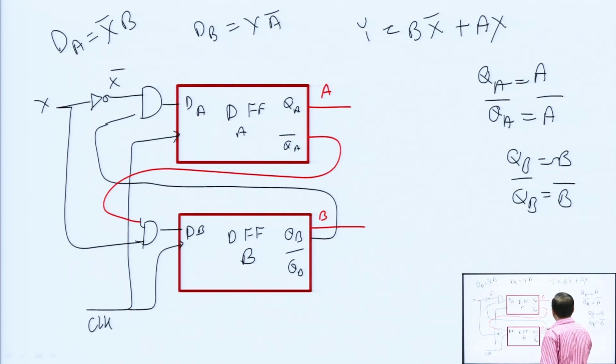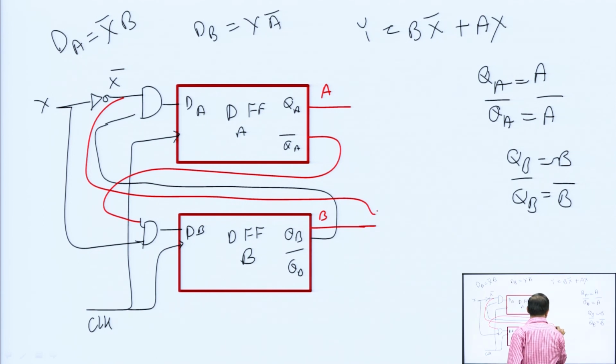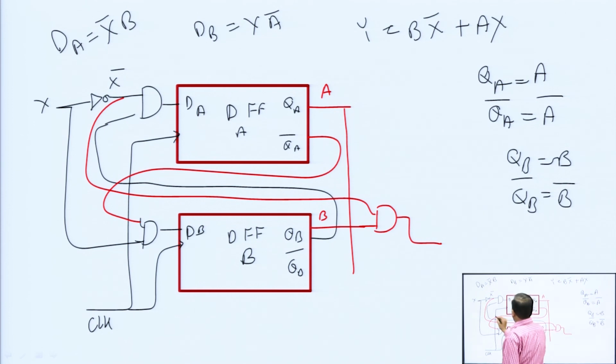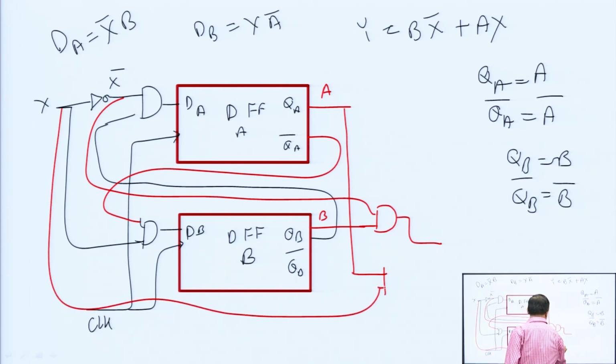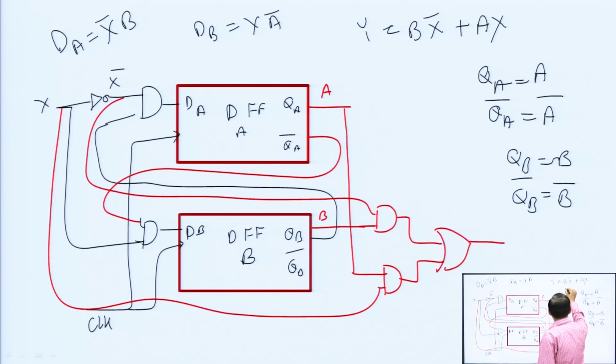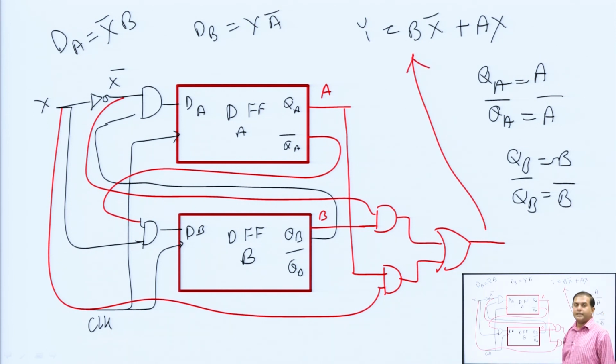So, b x bar, and same like that you can collect b x bar and a x, this is a and this is x. Here we have one AND gate and finally this is Y. So Y is nothing but b x bar plus a x. This is the complete design of a synchronous sequential circuit.